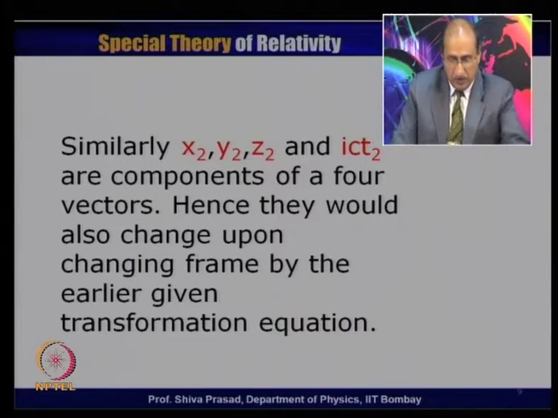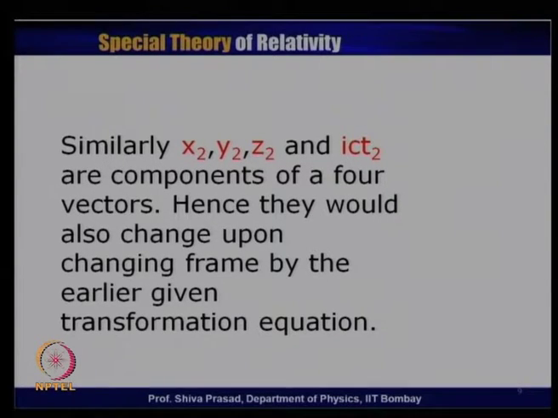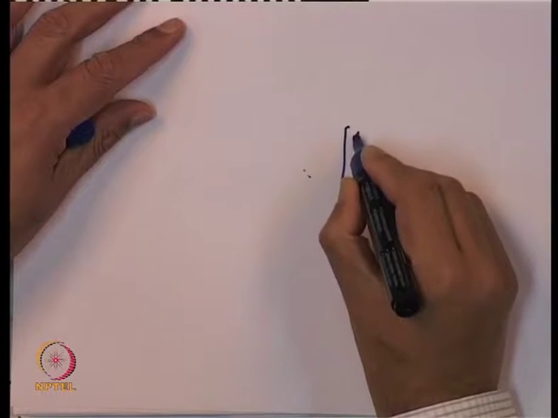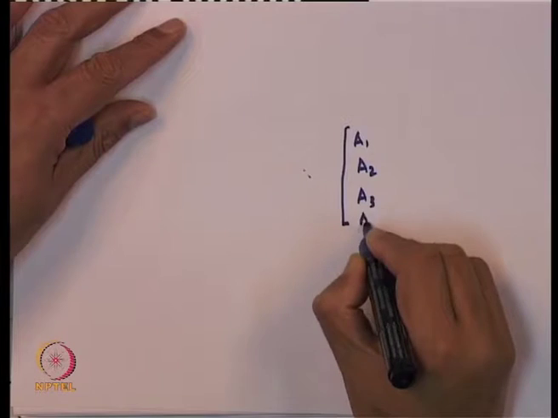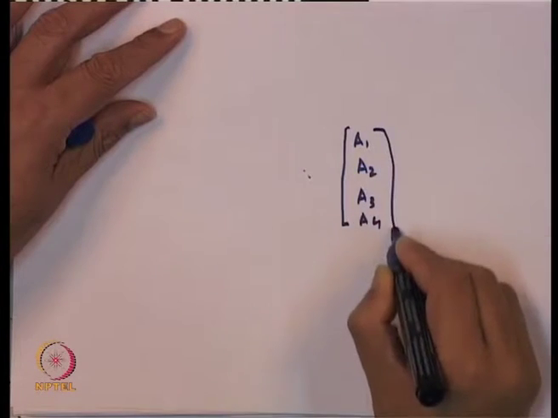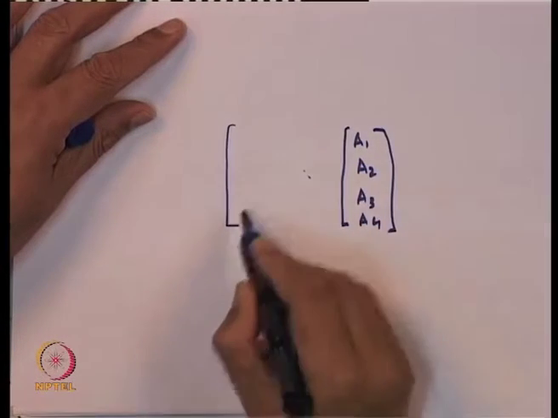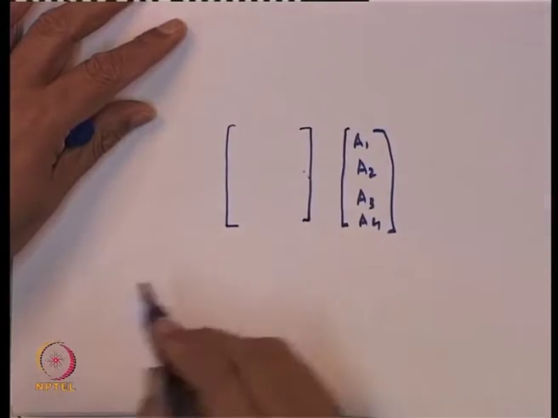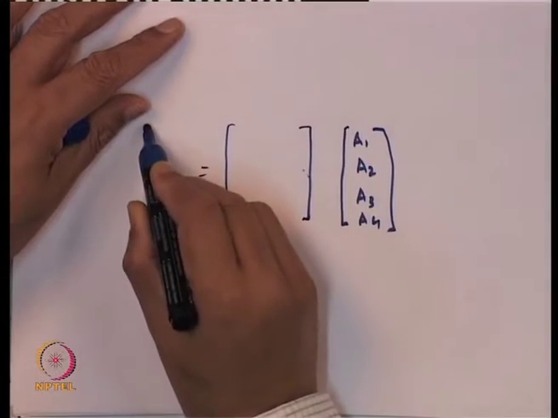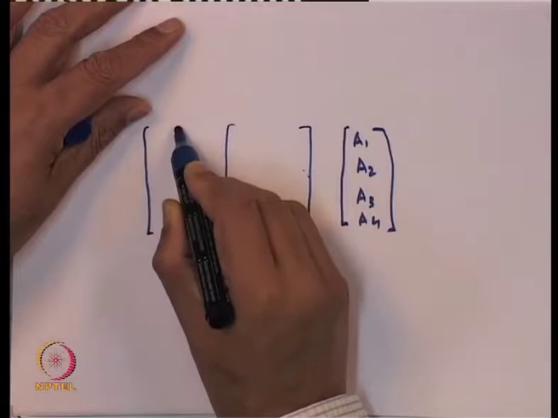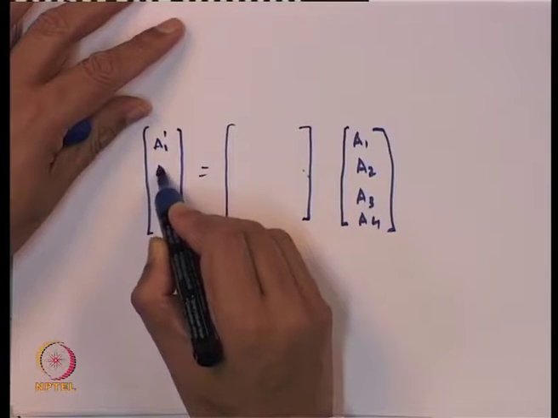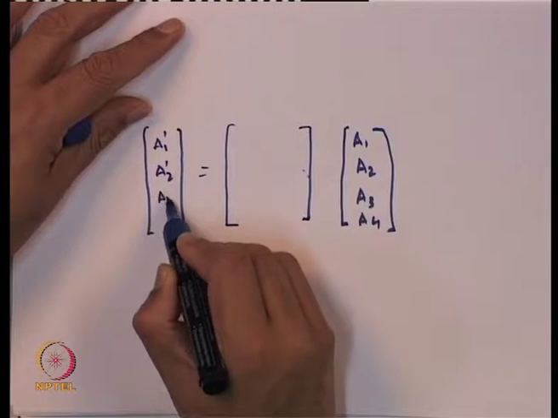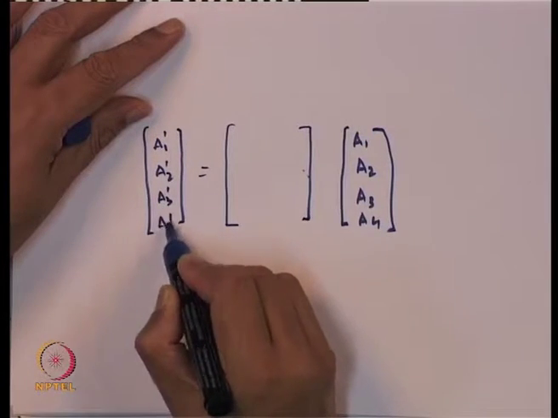So, if for example, we have, let us say, components A1, A2, A3, A4, and we have one particular matrix which changes them to A1 prime, A2 prime, A3 prime and A4 prime.